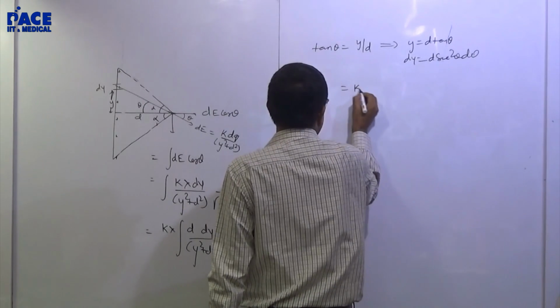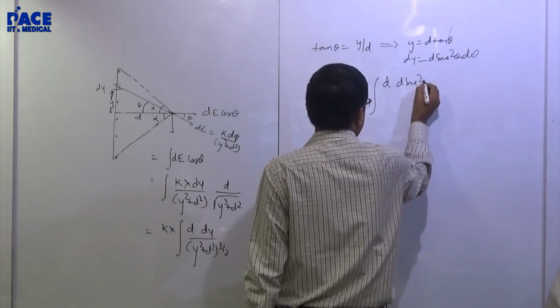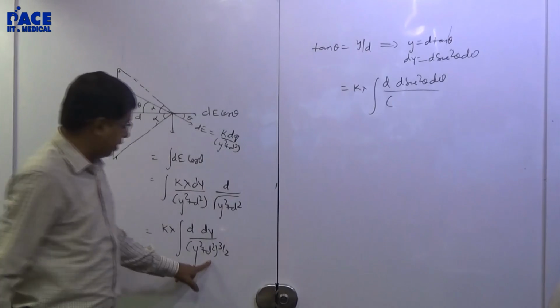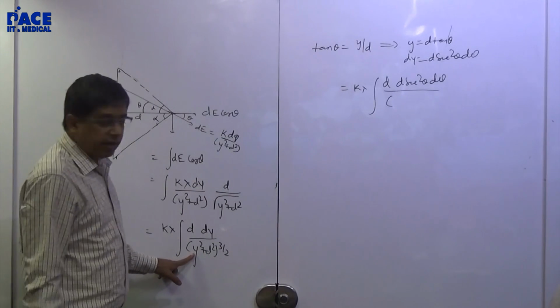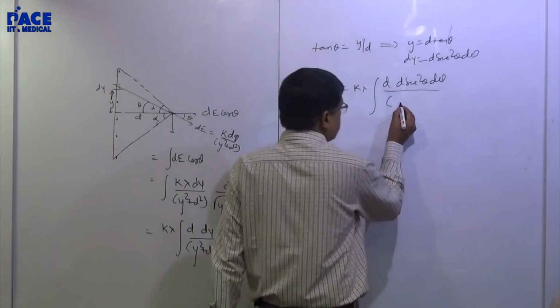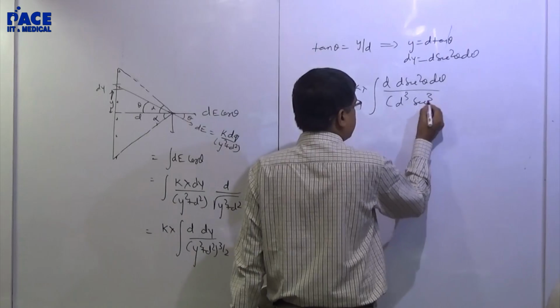Now your integration is k lambda, dy is d secant square theta d theta upon the denominator. Have a look at it. y I will take as d tan theta. d square tan square theta plus d square will be d square secant square theta. Whole to the power 3 by 2 is d cube secant cube theta.